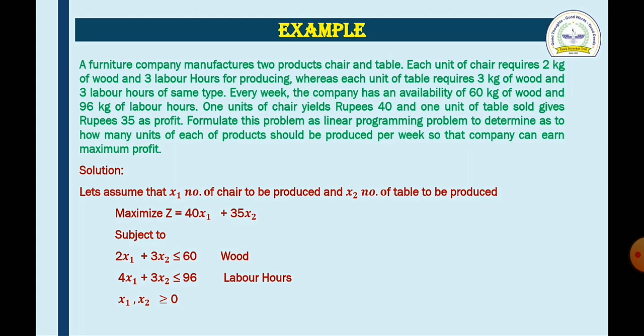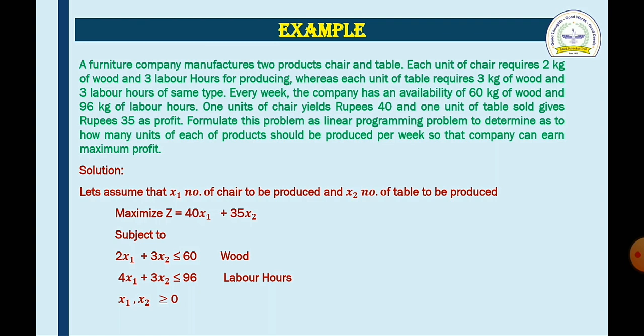Solution. Here, first of all, identify the type of objective function. It clearly indicates that the objective function is of maximization type, so maximize profit Z. Now identify the decision variables. Here we have to decide how many units of chair and table we should produce to achieve the maximum profit.